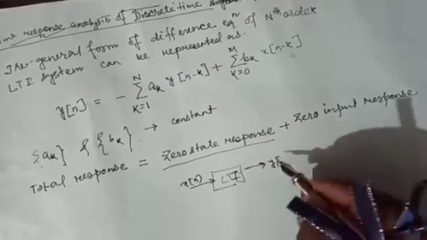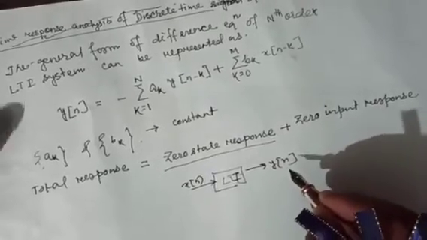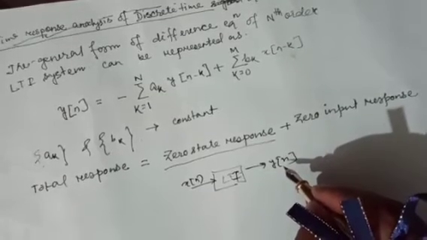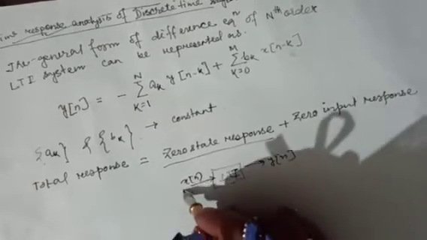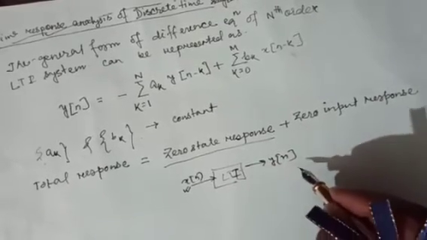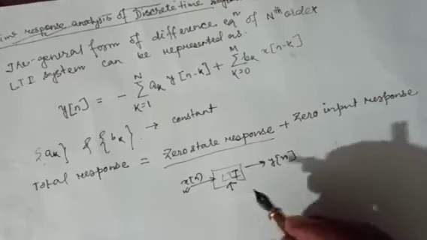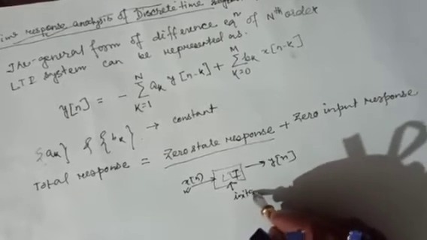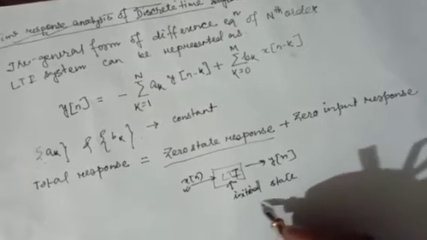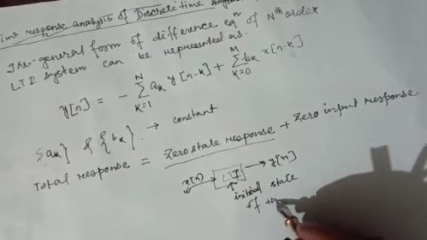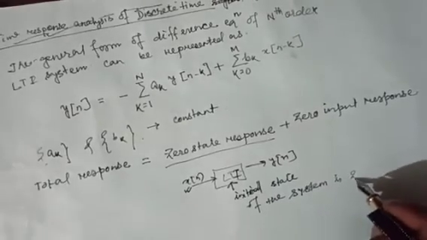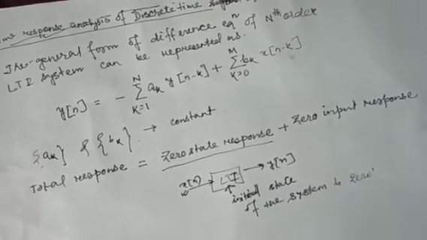So the zero state response means the response of the system due to the input alone, when the initial state of the system is 0, okay.